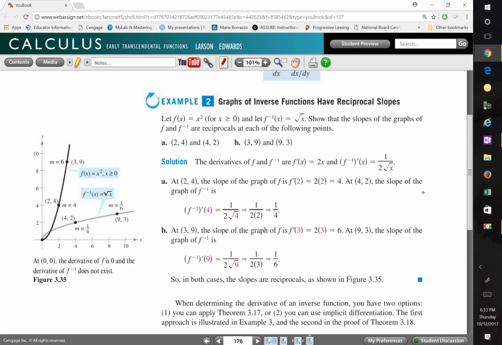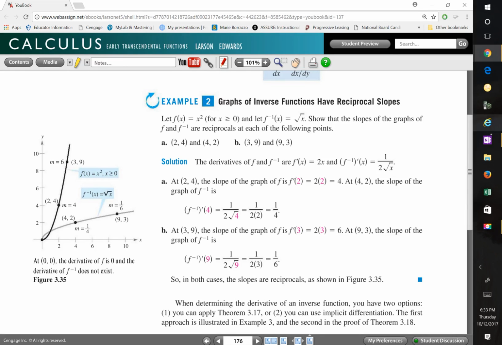At (9, 3), which is the inverse point, if we plug in the value, 1 over 2 times the square root of 9, well, that's going to give me 1 over 2 times 3, which is 1 over 6. Hence proving the point that the inverse of the function is what it is.